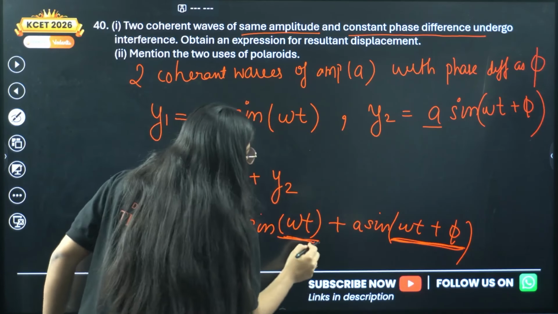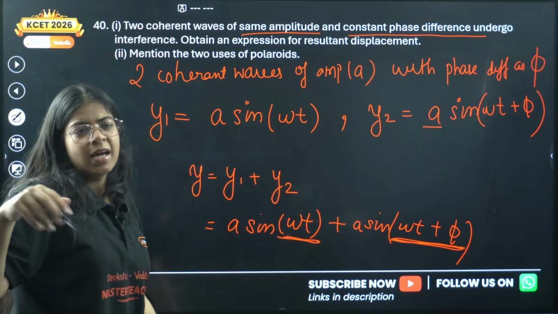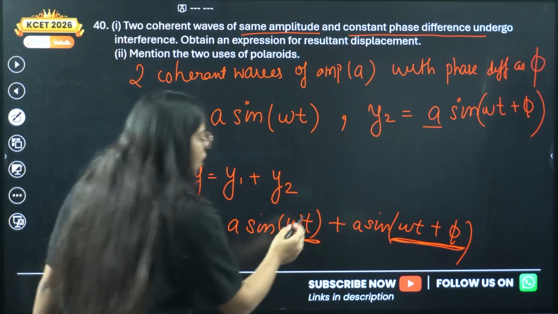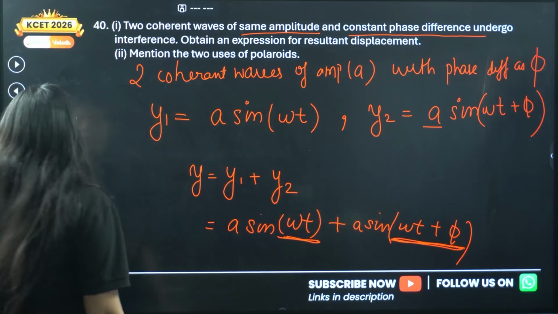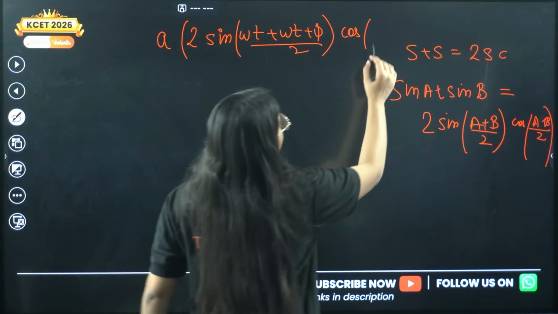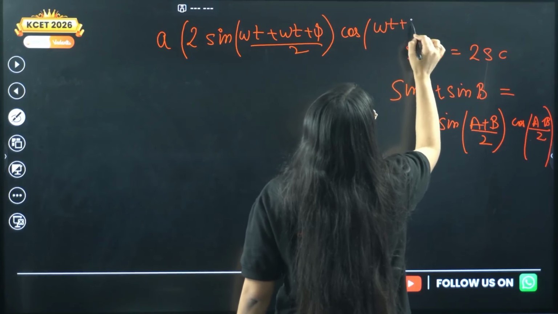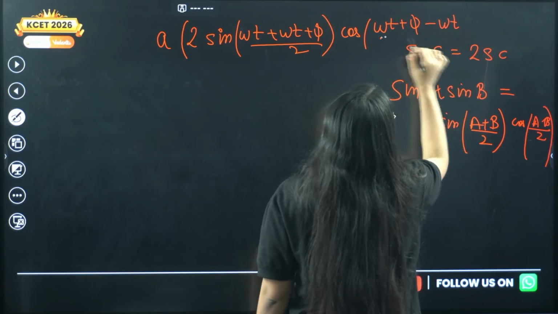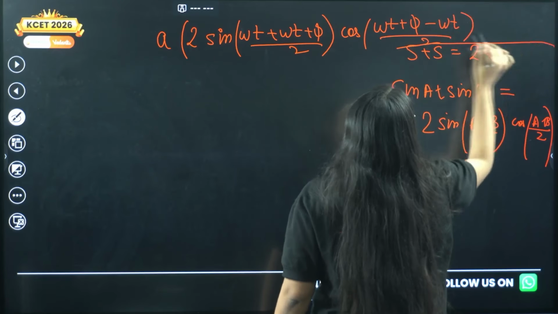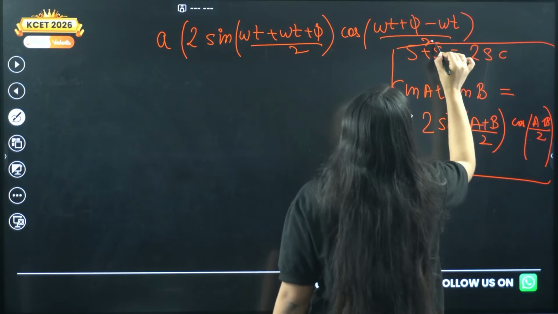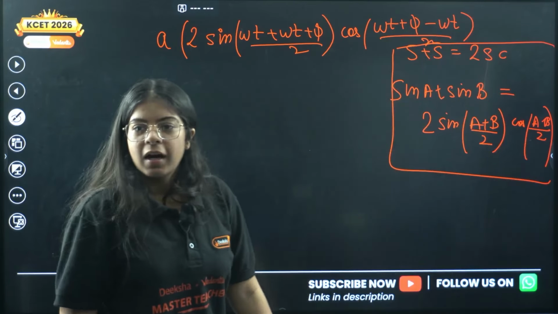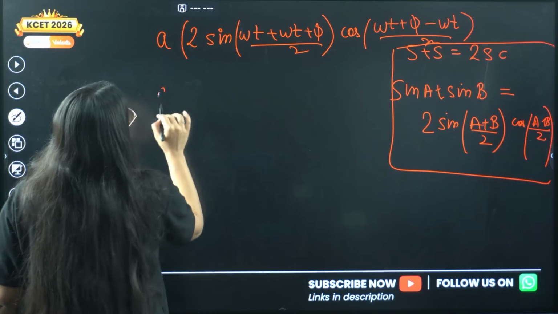You can do it in any way, because cos of minus theta is equal to cos theta, so however you subtract this, you will get the same answer. Correct? Understood?